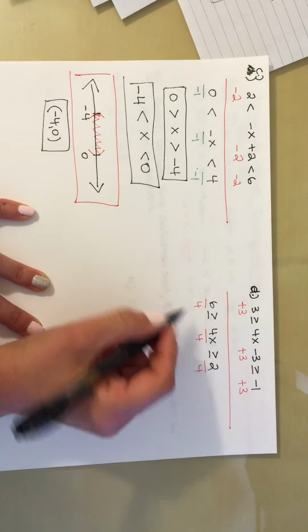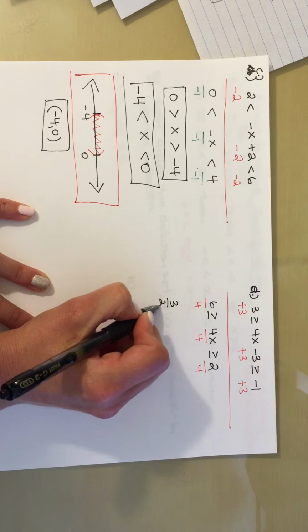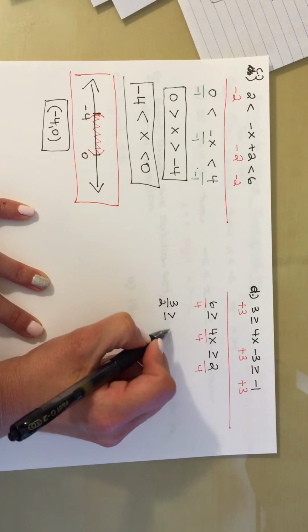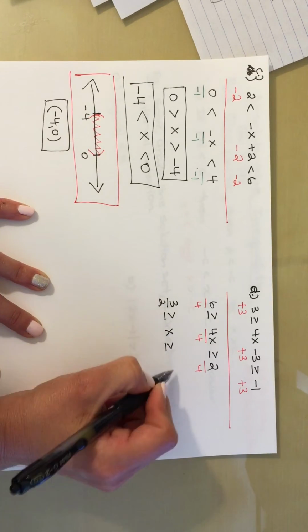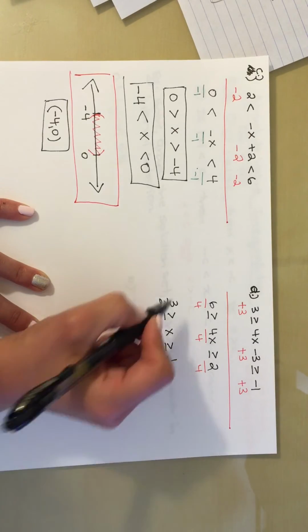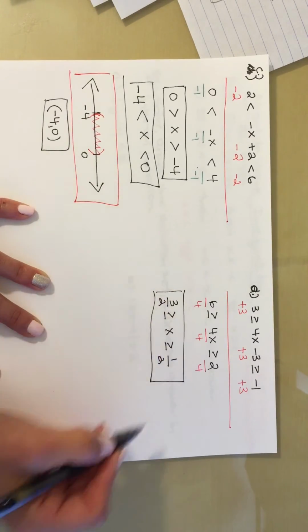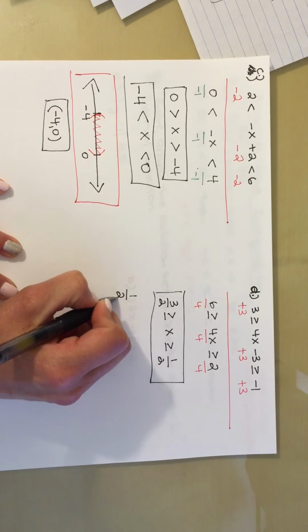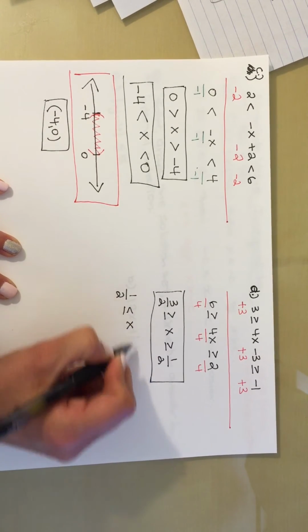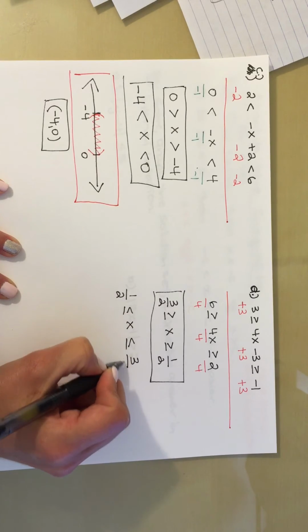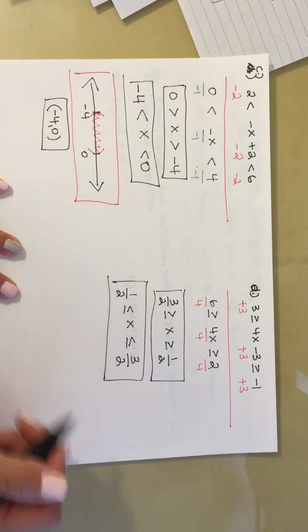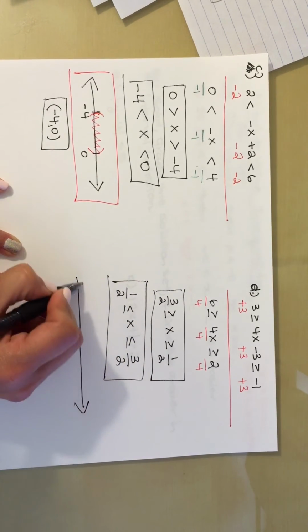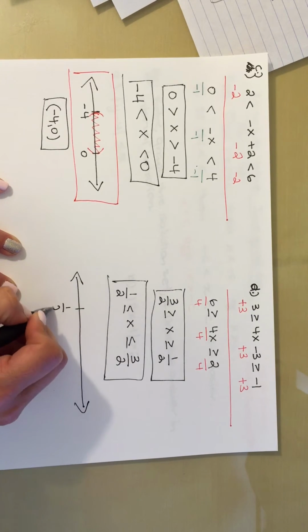We want to reduce 3 over 2 is greater than or equal to x is greater than or equal to 1/2. This is solved. Again, this is backwards. If you want to write it this way, we can. And again, remember, the smallest number is always first.